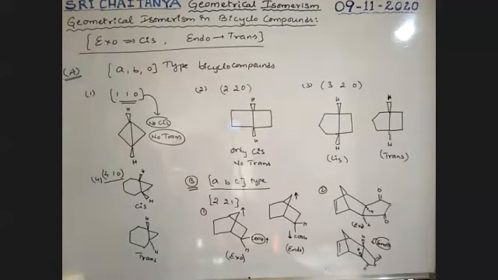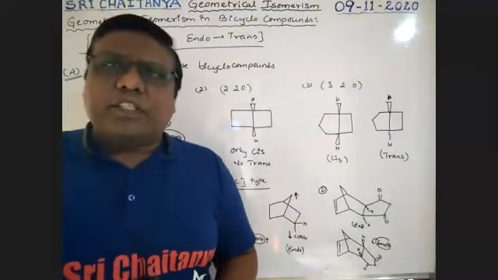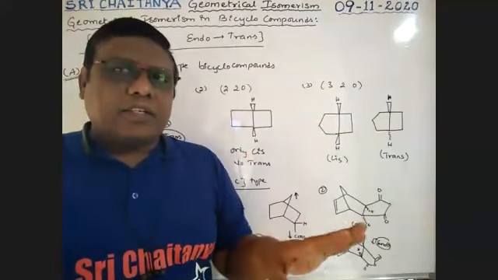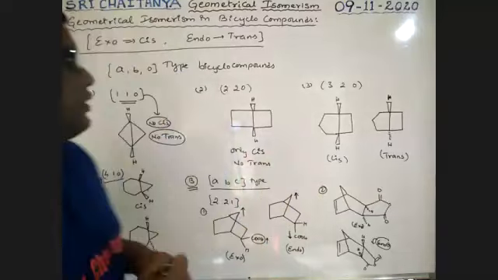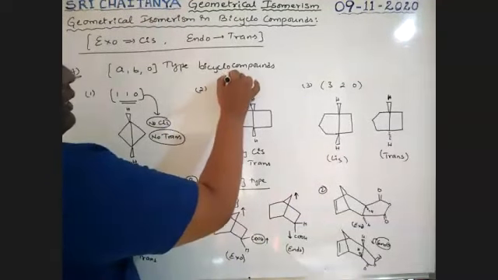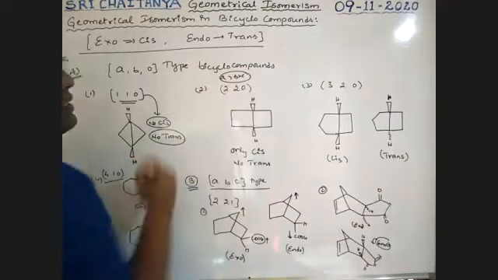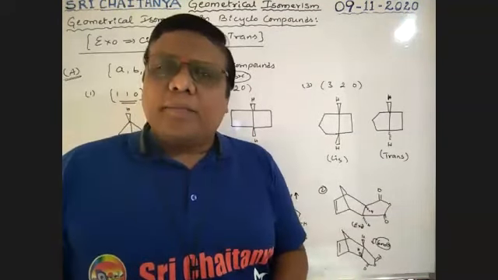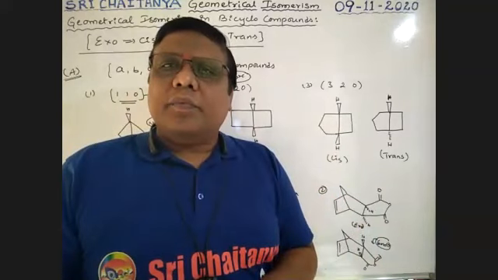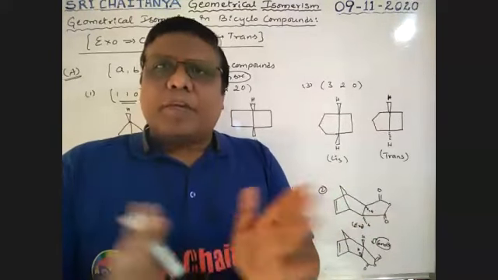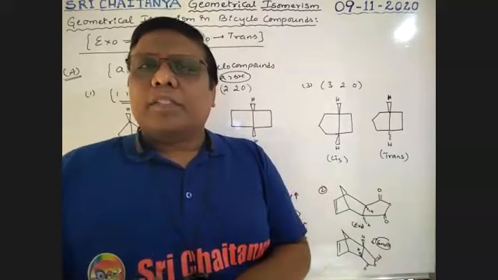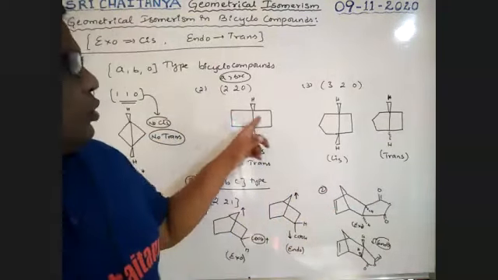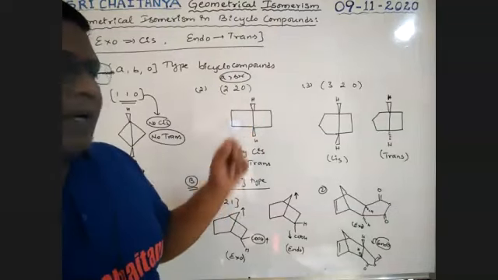Next, here the 220 system, boys. That means two carbons on one side and two carbons on the other, from higher to lower, A greater than B greater than C. In bicyclo compounds naming, three numbers are mentioned in square brackets without any comma, just a space between the numbers, from higher to lower. Here two carbons, and no carbon in the bridge.